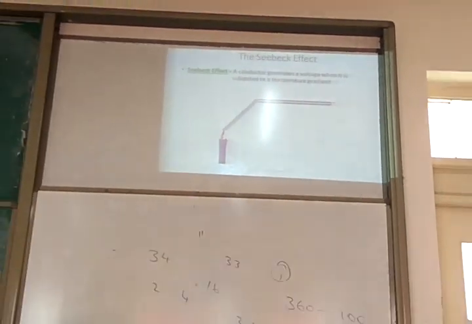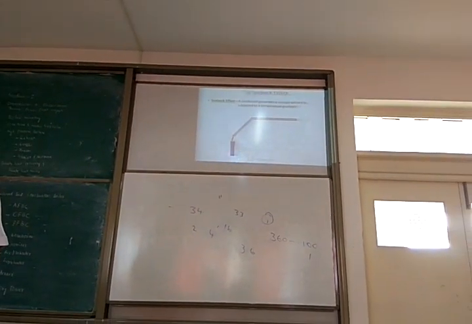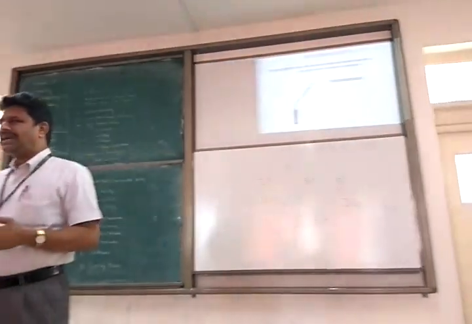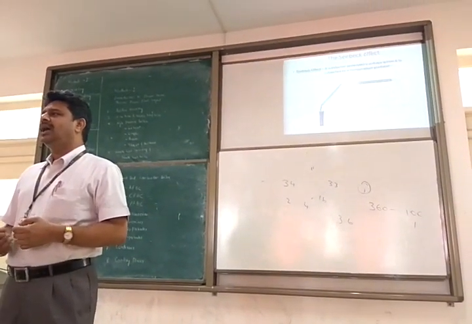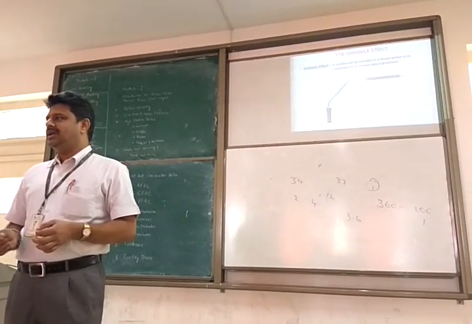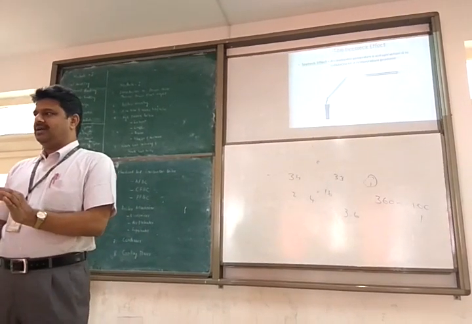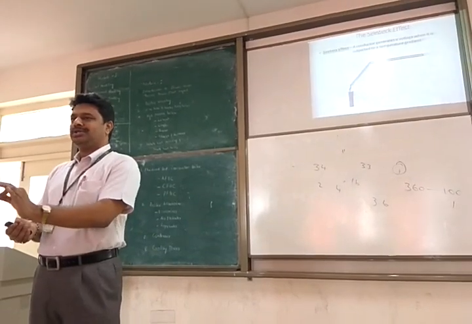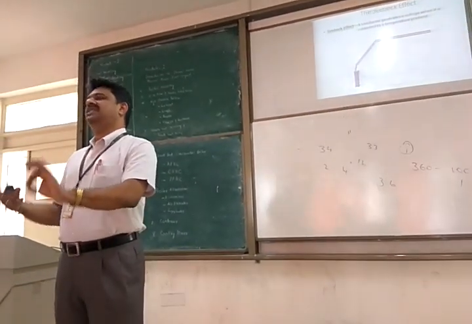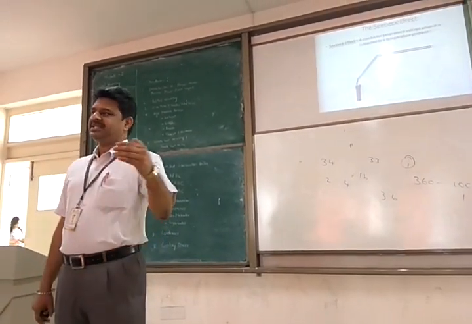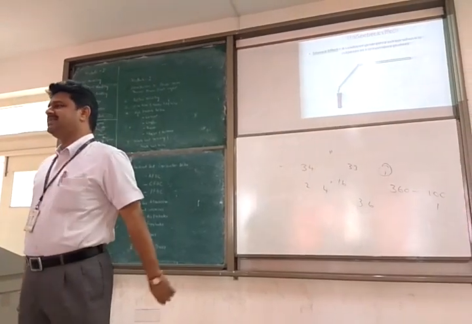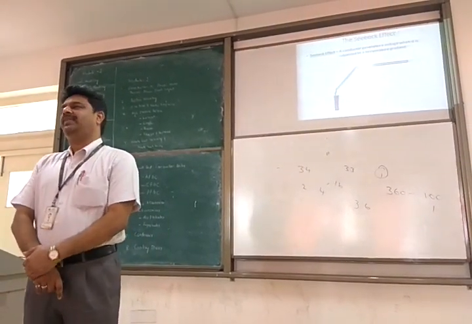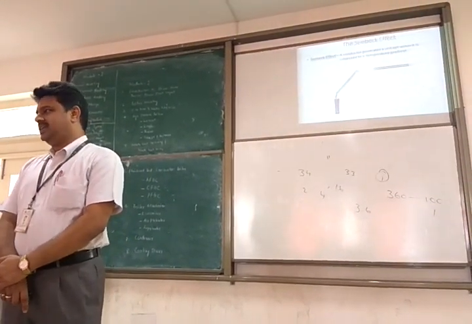So if you have a device and you don't know whether it is an RTD or a thermistor, one easy check is to take a matchstick, slightly heat it, and bring the device close to the flame, don't burn it, and measure the resistance value. As temperature increases, if the resistance value increases, then it is an RTD.